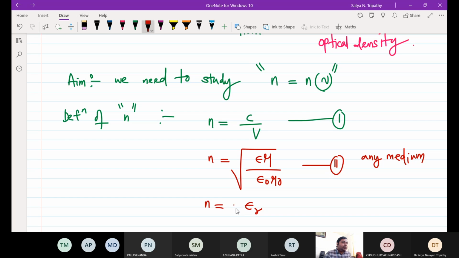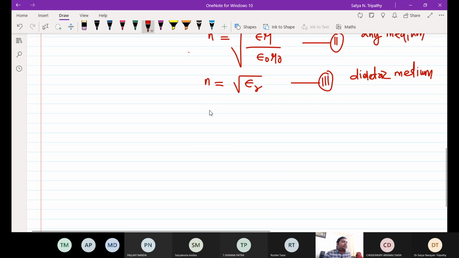So this is the third, only for a dielectric medium. Next, we have another formula that we call Cauchy's formula, which is n is equal to A plus B by lambda squared plus C by lambda to the power 4. This is called Cauchy's formula.